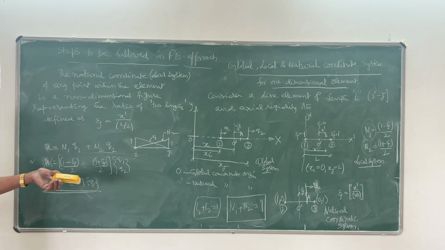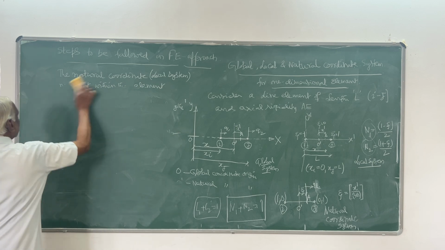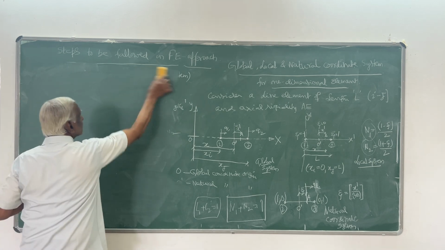Now I have completed the second step, displacement model. Now third step, element property: strain, stress, then element stiffness matrix. I will do that element stiffness matrix for this bar or truss element and prove it.